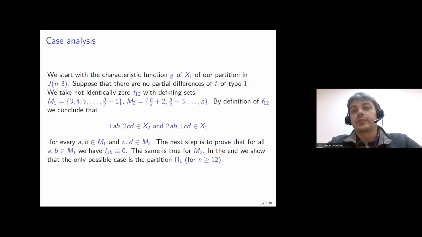And so by definition and structure of this function f1,2, we know that these vertices are elements of x1 and x2. Then we consider different partial differences for other coordinates, and step by step we construct our partition. So as a result, we show that the only possible case is the partition pi 1. Well, it works for n starting from 12.